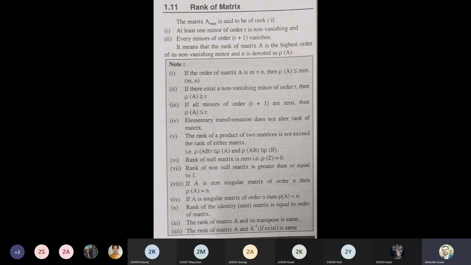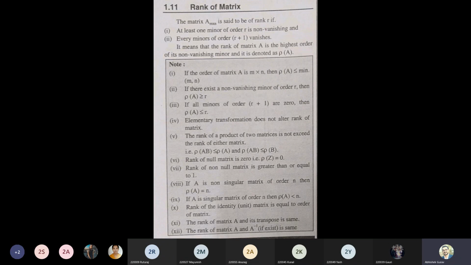We know very well, whenever we find the adjoint, we find the minor. Minor means we omit that row and column, and from the remaining 4 values we take the determinant of that matrix. So over there only they are going to apply. There exists a non-vanishing minor of order r, then the rank is greater than or equal to that r.